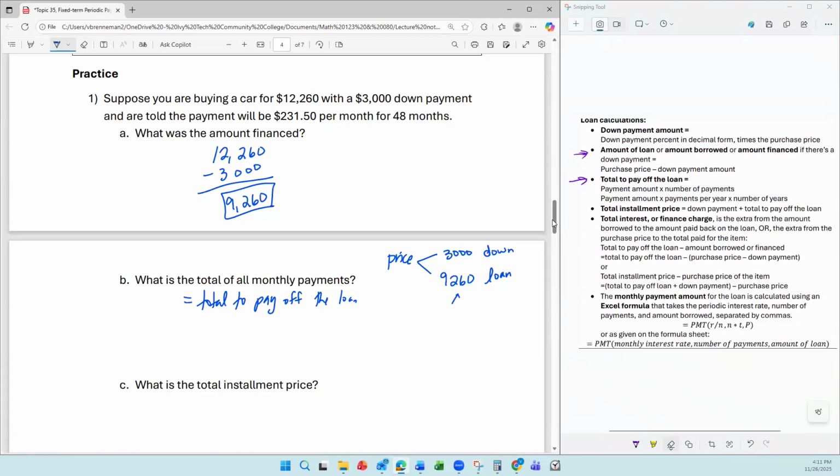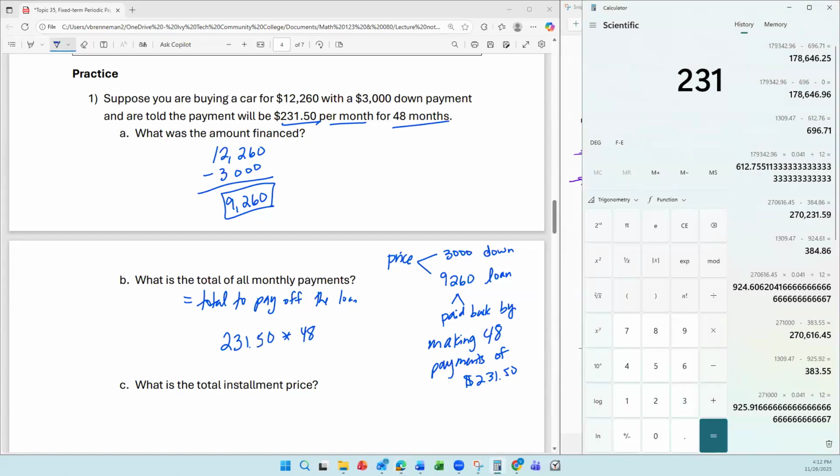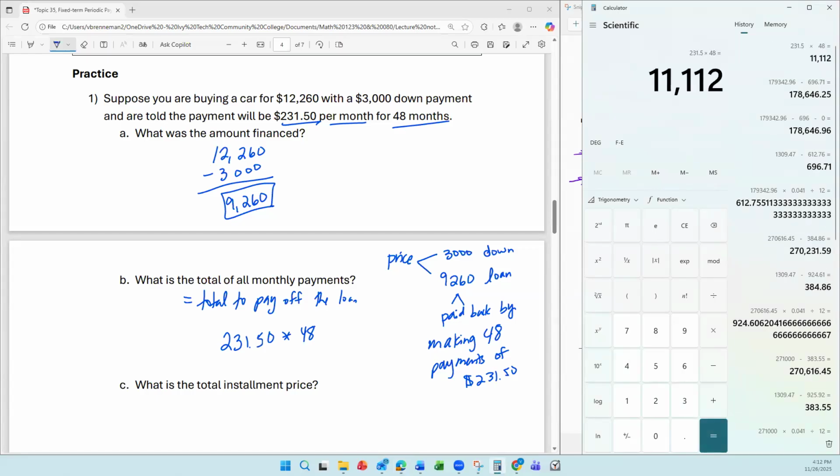So the $9,260 is paid back by making 48 payments of $231.50. That's the $231.50 per month for 48 months. And so you multiply those $231.50 times 48. $11,112.